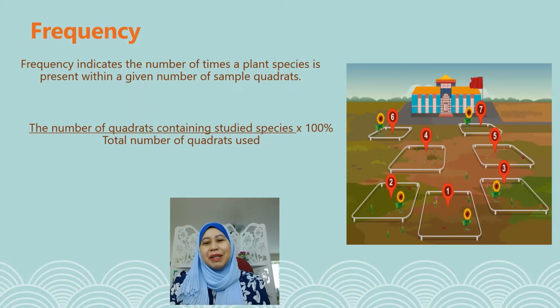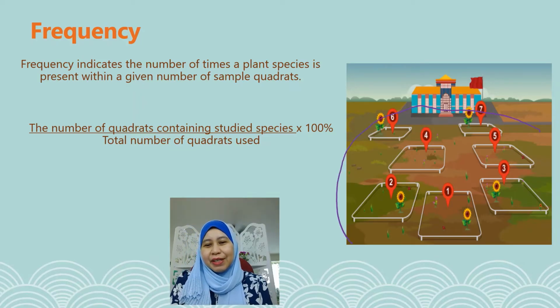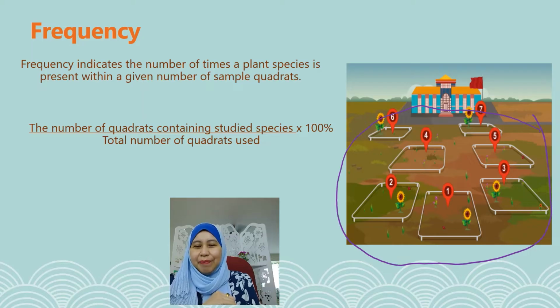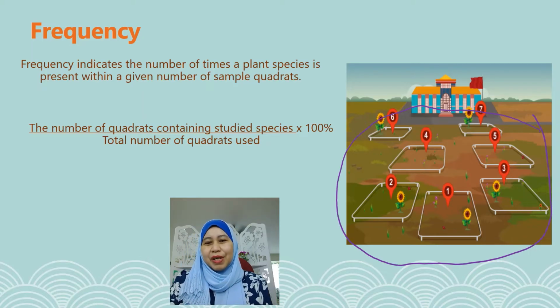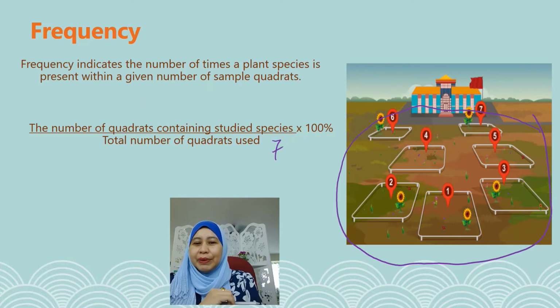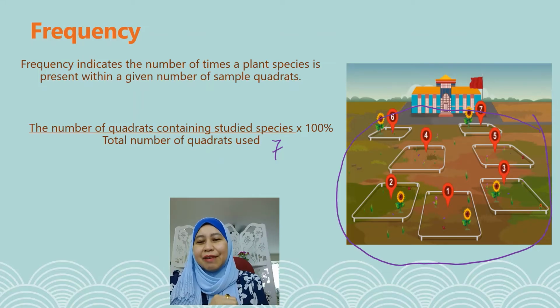For example, let's say this is the area that I want to study, and I want to calculate the frequency of sunflower in this area. So I put 7 quadrats, 1, 2, 3, 4, 5, 6, 7. So I have 7 quadrats used. Now I have to count the number of quadrats containing sunflower.